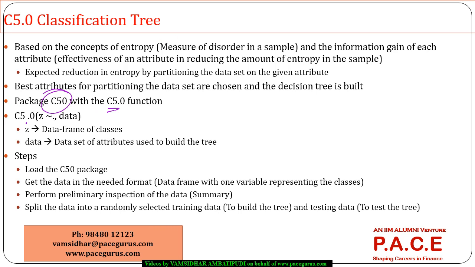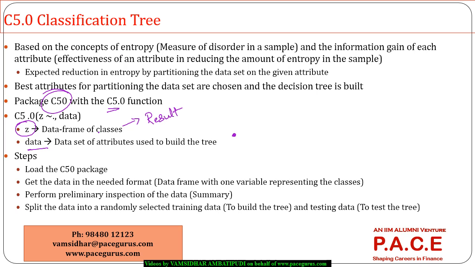Right, here input wise, first I should give the data frame of the class. So we have a result variable which is containing the classes. Data is the data set of attributes used to build the tree. We are using dot, which means all the other variables will be taken as the attributes to build the tree.